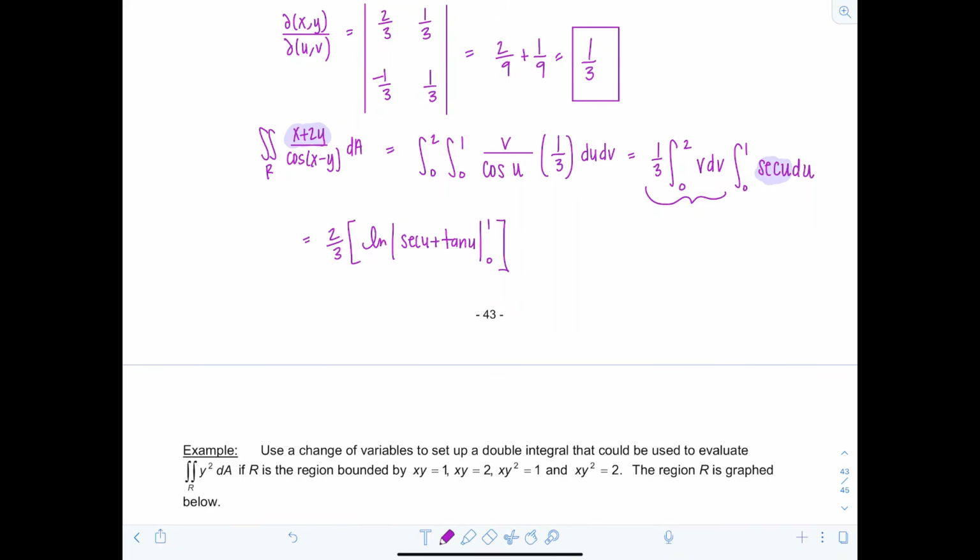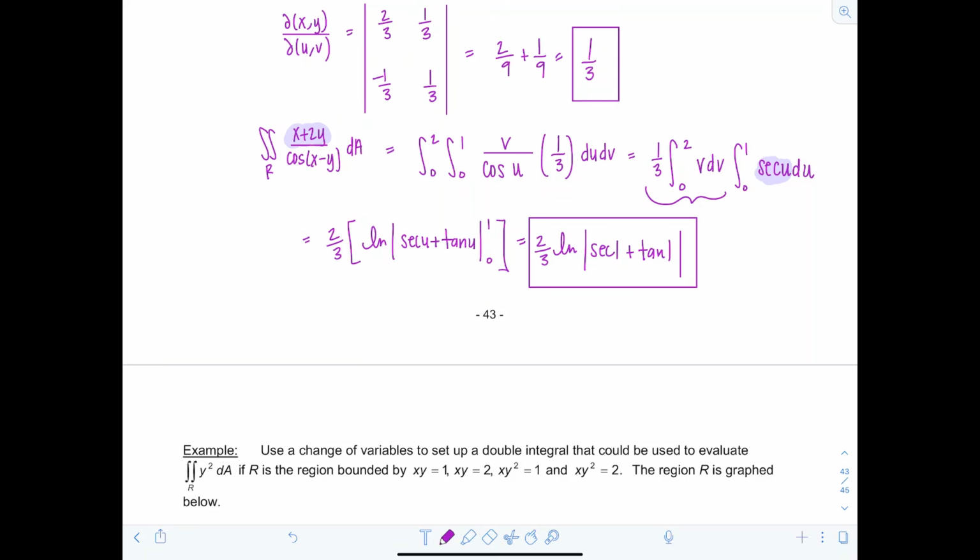Okay, if I substitute in 1, I'll have 2/3 natural log absolute value secant of 1 plus tangent of 1 minus, and then if I substitute in 0, secant of 0 is 1, tangent of 0 is 0, natural log of 1 is 0, so we're done. So that's our answer. Good, very nice. And you could see the antiderivative was pretty easy to compute after we set up the transformation appropriately.